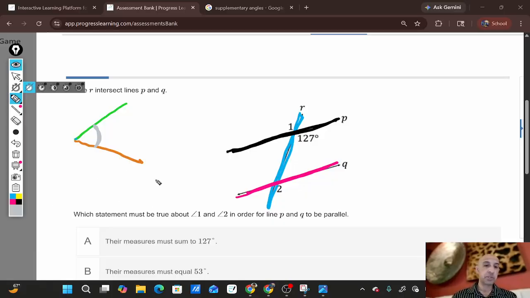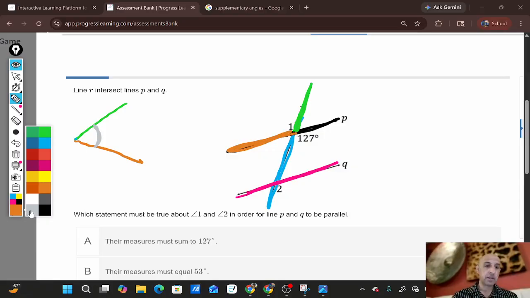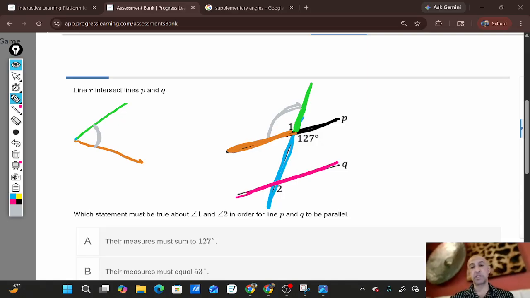Let us study angle 1. We can take this piece of line, and we can take another piece like this, and finally the angle is between the green one and the orange one, as we said. So this is angle 1.